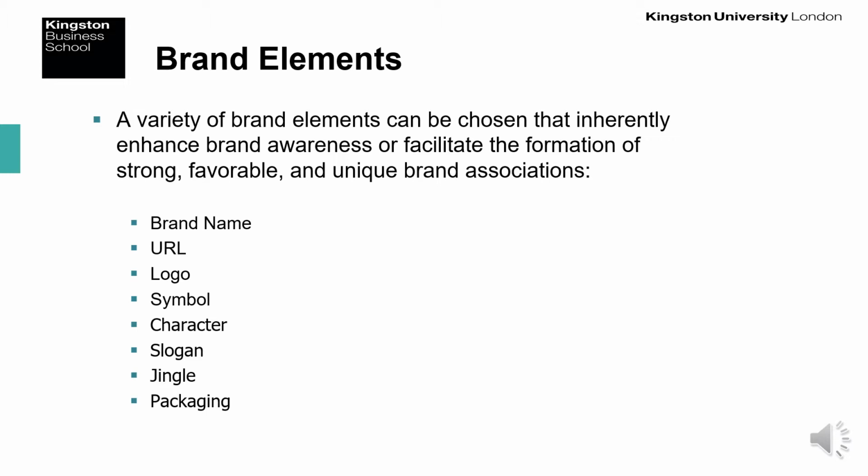Then increasingly important is the URL, the web address for the brand. A logo is a visual device so that the brand can be visually recognized without the need for words or sounds. And then there are other brand elements such as brand symbol, character, slogan, jingle, and brand packaging. And we'll look at each of these in turn.